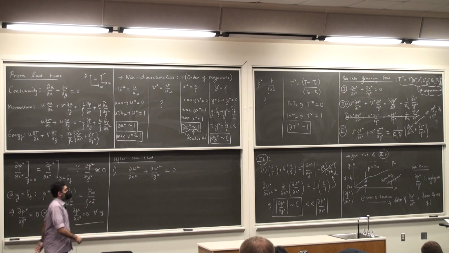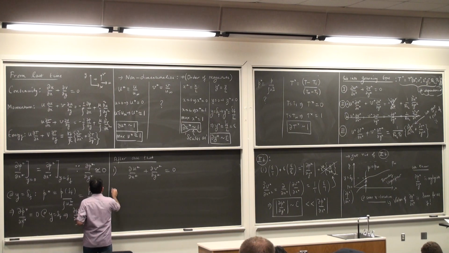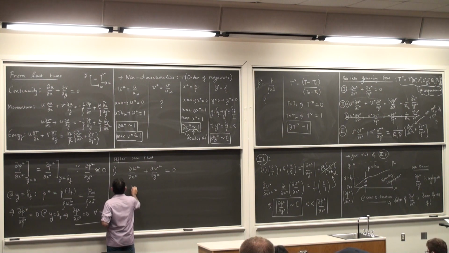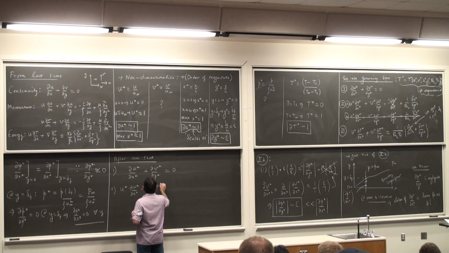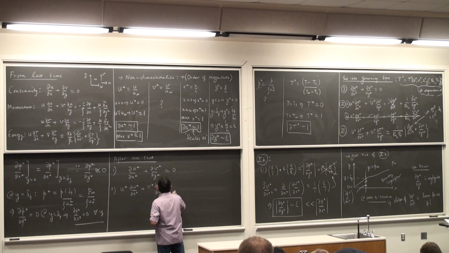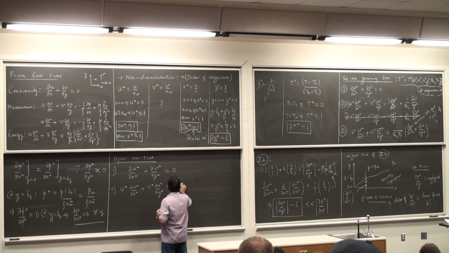This is true. Then I have the second equation, u star du star by dx star plus v star du star by dy star is 1 by Re.